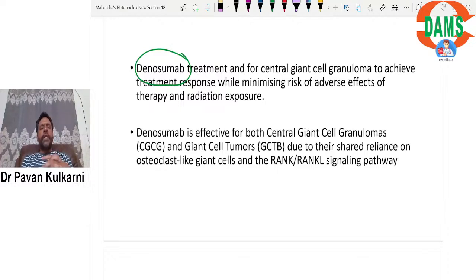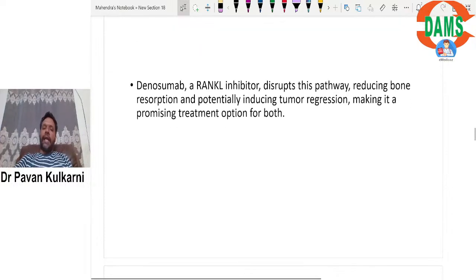So if you use denosumab, this will definitely reduce the osteoclastic activity, hence bone resorption reduces. So for CGCG or GCT, you can use denosumab. This can be a potential MCQ. Please remember this name of the drug, denosumab, which is a RANKL inhibitor.